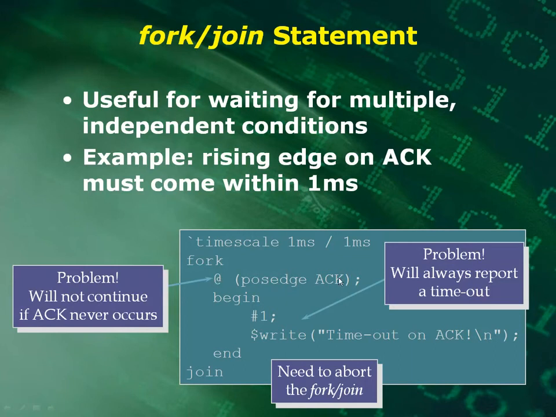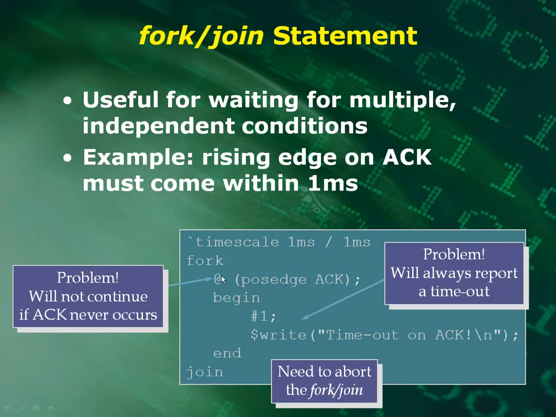Well, we have a problem. After 1 millisecond, it'll print out that we got a timeout, that's what we wanted. But the problem is the fork join doesn't end until all the statements have ended. So if this statement here never ends, this fork join will never end. It's just going to sit there, and it won't continue.